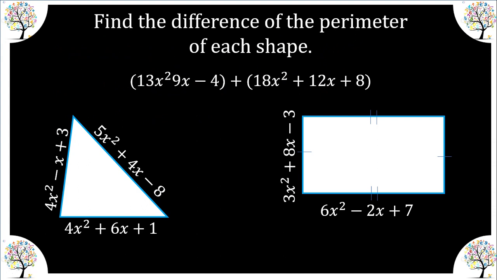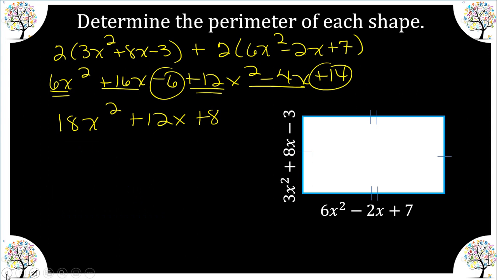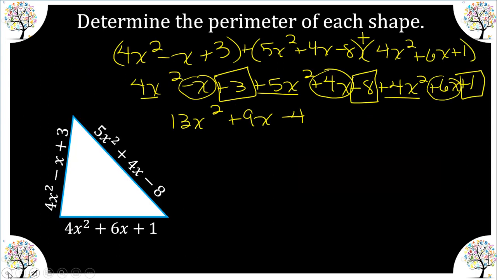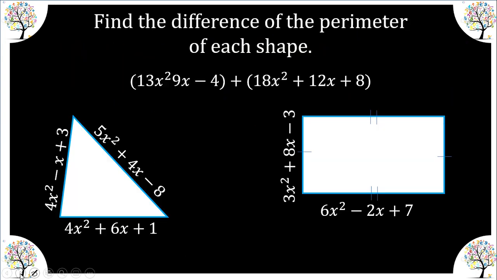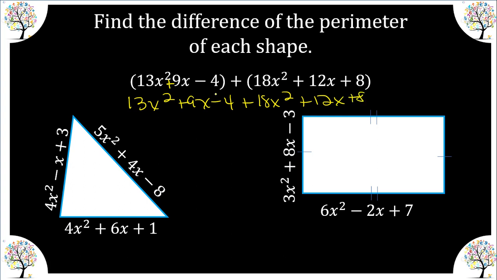And now we're going to add these because it wanted the sum. This is a plus here, so excuse me for that. So we have 13x squared plus 9x minus 4 plus 18x squared plus 12x plus 8. So we have the perimeters of both, and it said to find the sum.